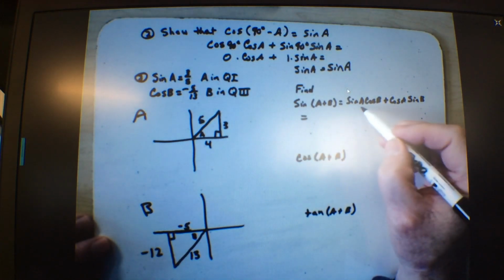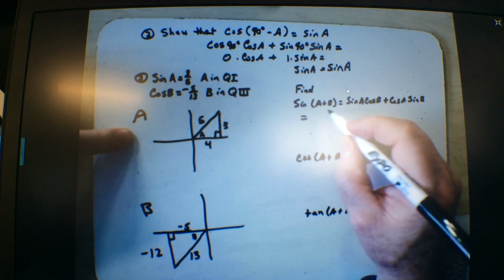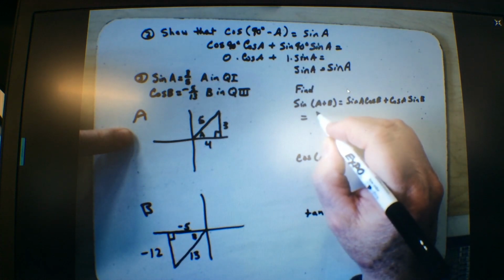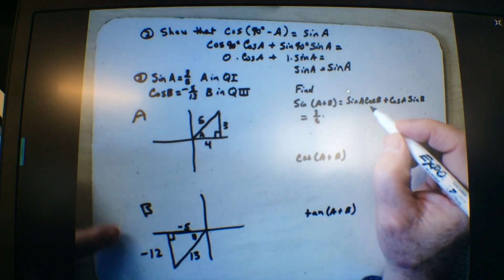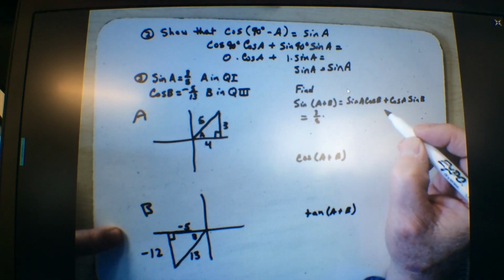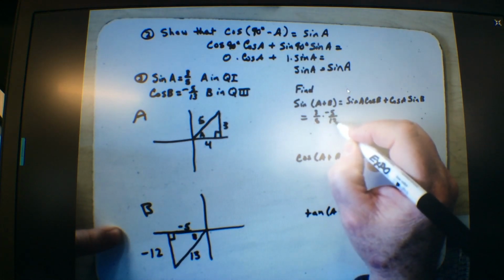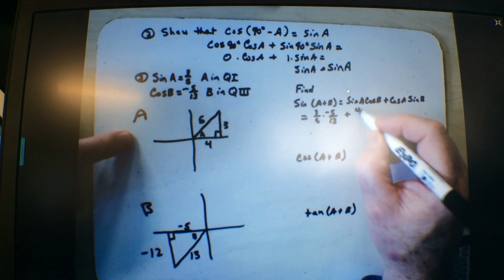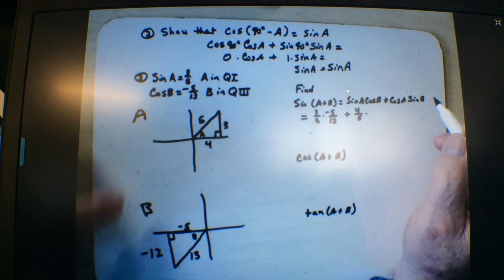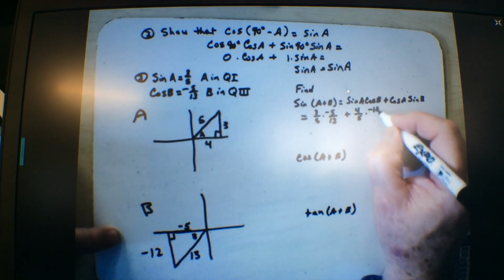Okay, so let's plug in. What is the sine of A? We go to A. See where my finger's at? I go to A and I do sine, 3/5, times cosine of B. So I'm going to jump down to B and I'm going to do cosine, which is negative 5/13, plus I go back to A and I do cosine, 4/5, times sine of B, negative 12 over 13.